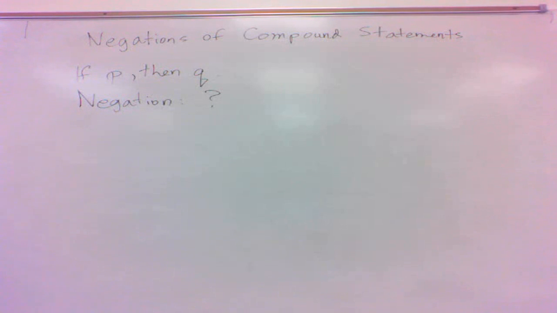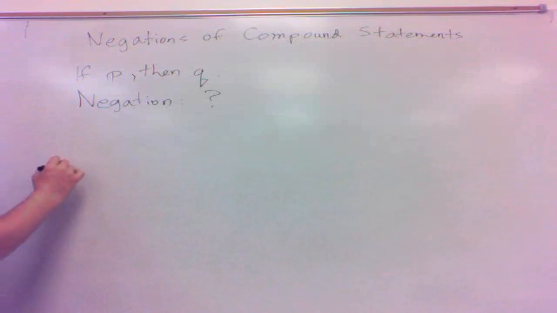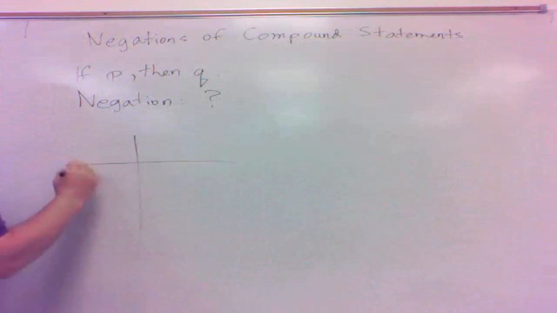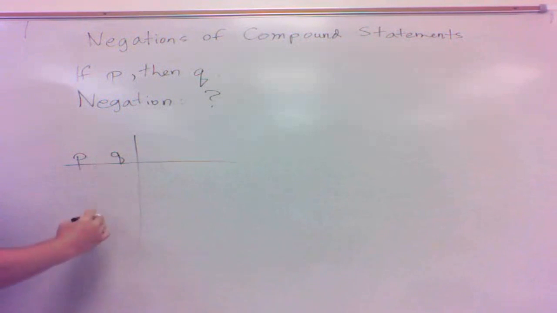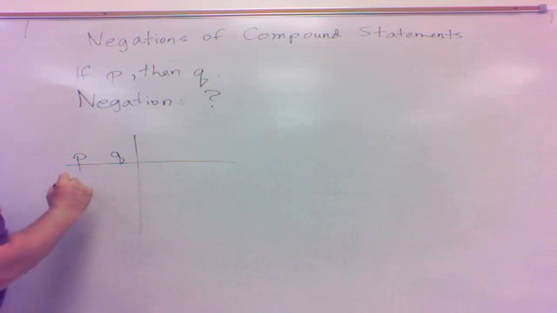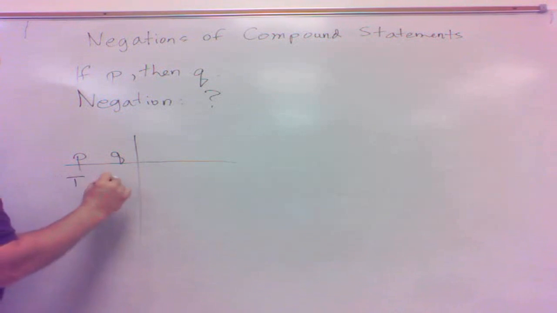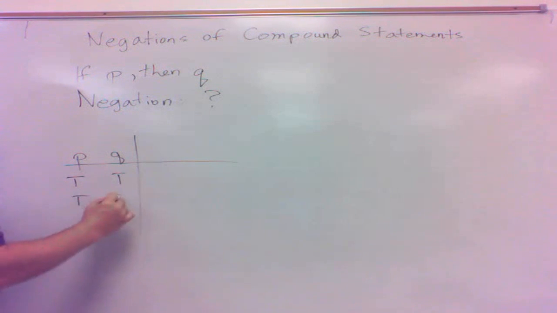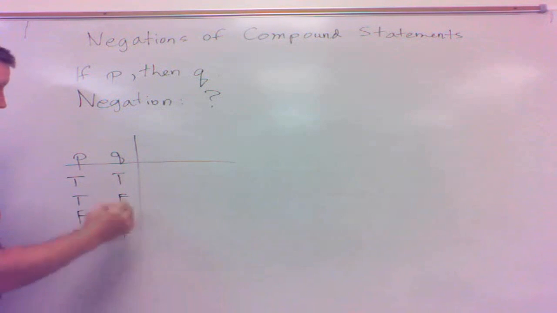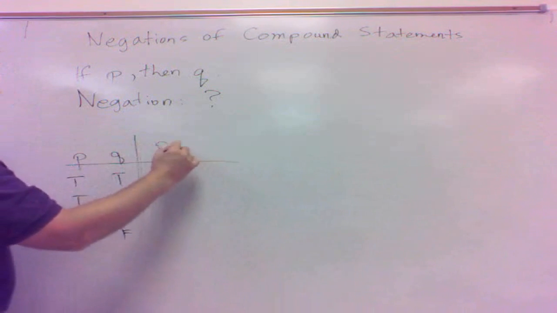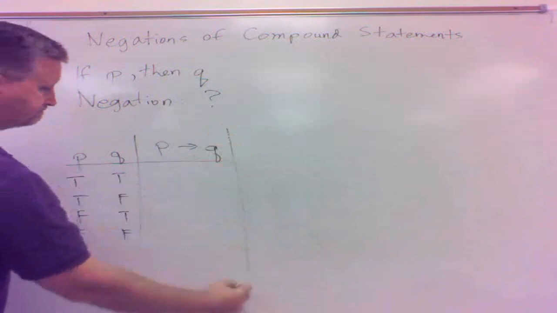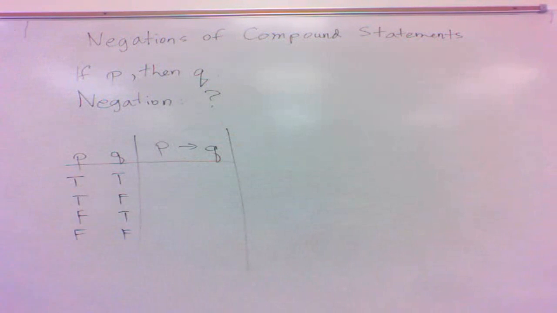All right. Well, let's just go right to it. True, true, true, false, false, true, false, false. If we want to look at all possible scenarios of our if-then statement, and then try to find a negation.